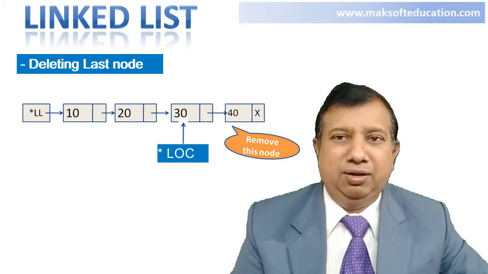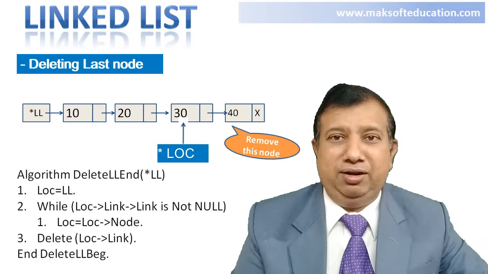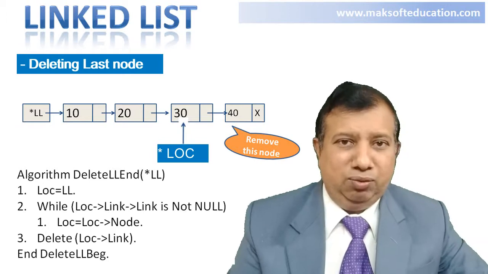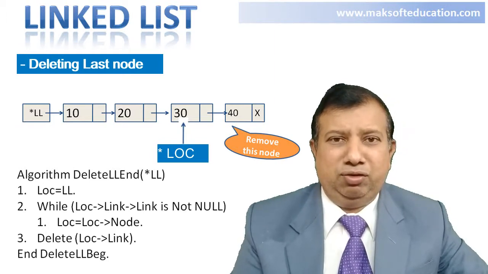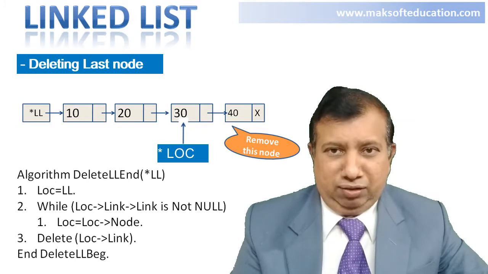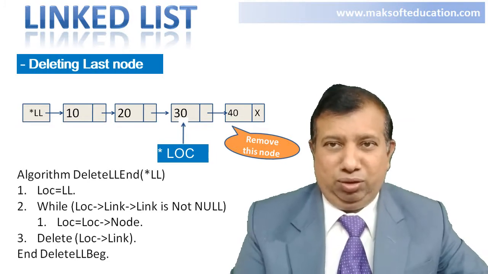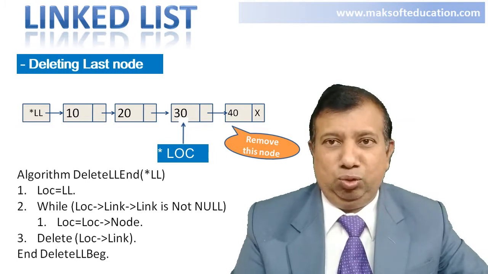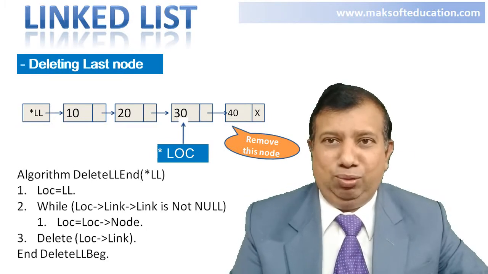Algorithm delete. Here I am using LLEND. END stands for the end point. And what we can do is a simple step. First, assign the address of the first node to the LOC. Then while LOC's link is not null, so LOC goes to the link of LOC.